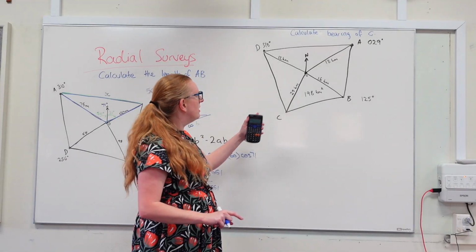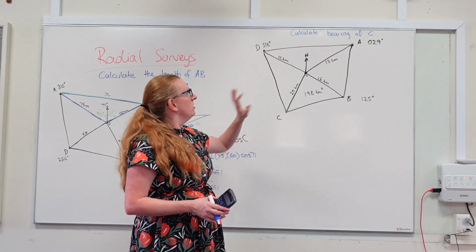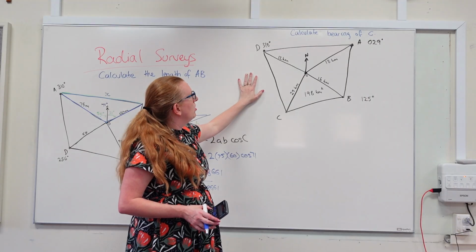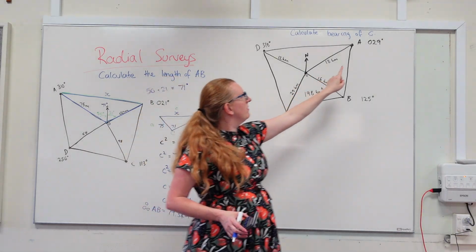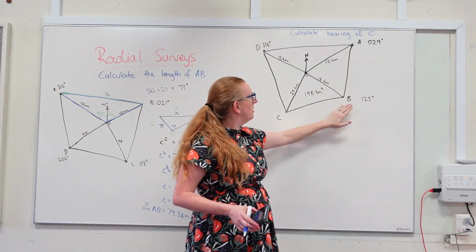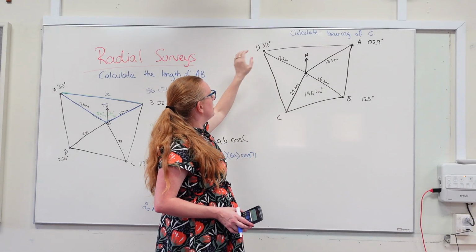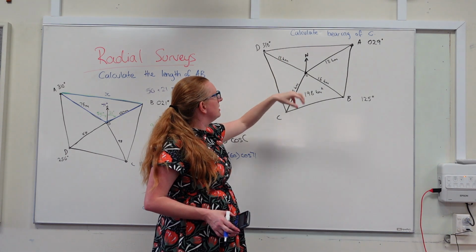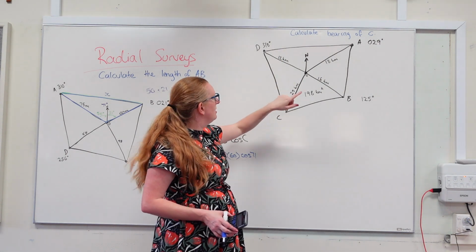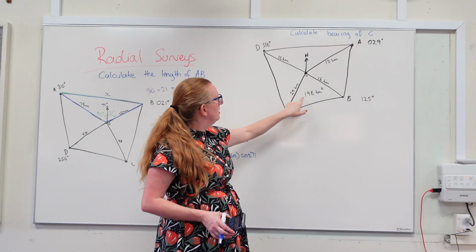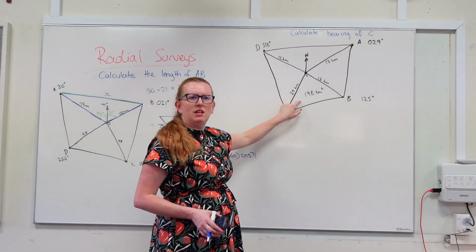Now, let's have a look at this question up here. Calculate the bearing of C. So I've got a bearing for point A, that's 29. I've got a bearing at B, which is 125. Don't know this bearing, but I've got this one up here, and I've got some measurements on the inside as well. But one key thing to notice is that I've got an area in here.